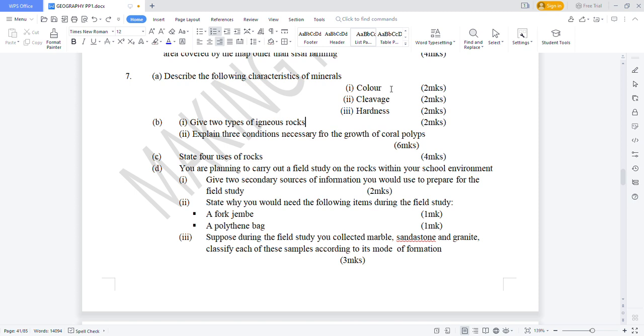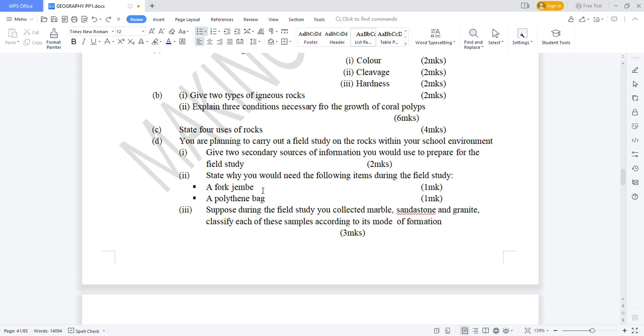Why would you need such? So that's a thinking question. It is just a straightforward fork jembe. You can use the fork jembe to remove some samples of the rocks. Then the polythene bag, you can use it to carry those samples you have gotten during the field study.